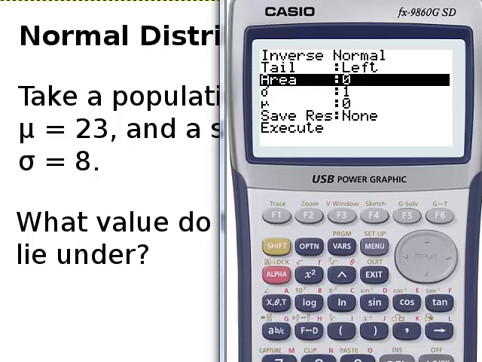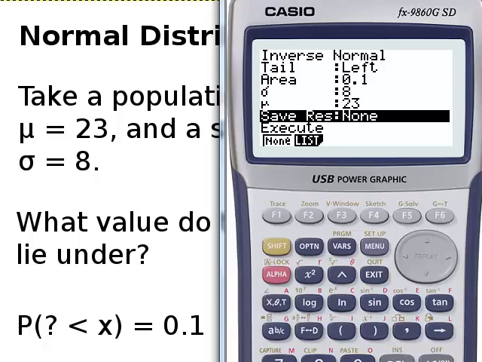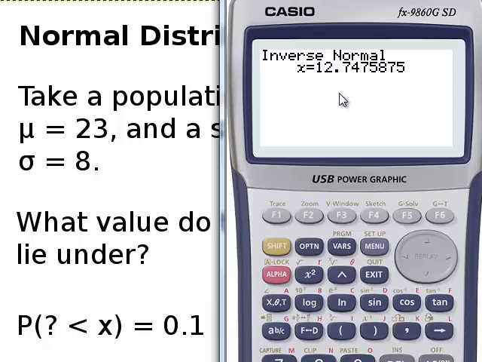Our area is 0.1 because that's 10%. Our standard deviation is 8. Our mean is 23. And when we execute, we find the value of 12.747, 12.75 rounded.